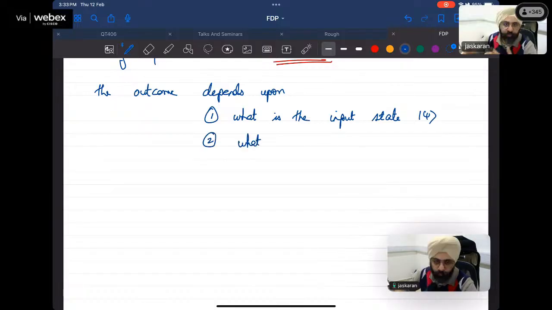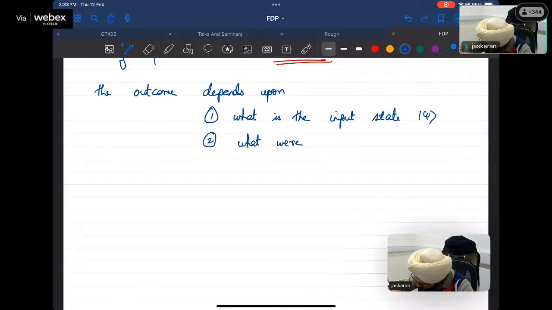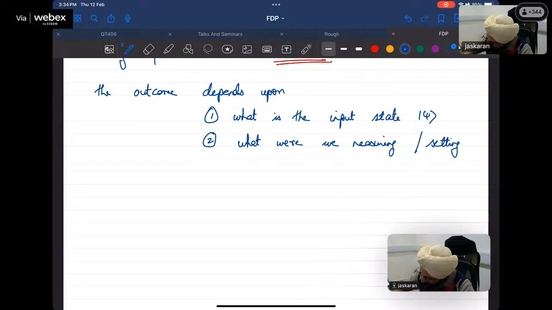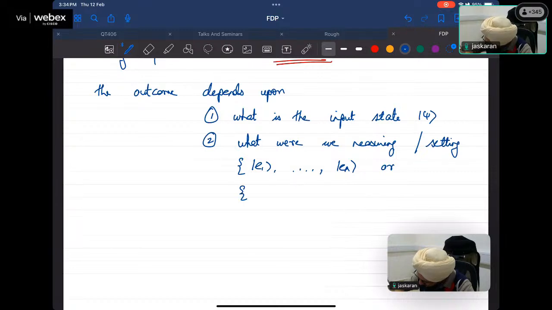Basically asking what we were measuring. And the setting generally then corresponds to whether we are using the basis, let's say ket E1 to En, or whether we were using a different basis.